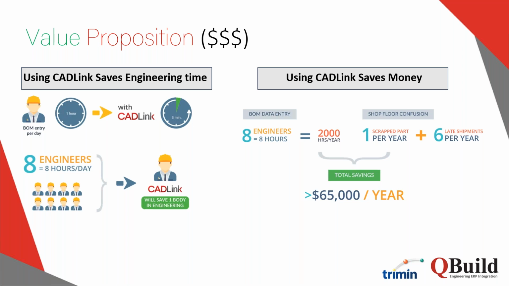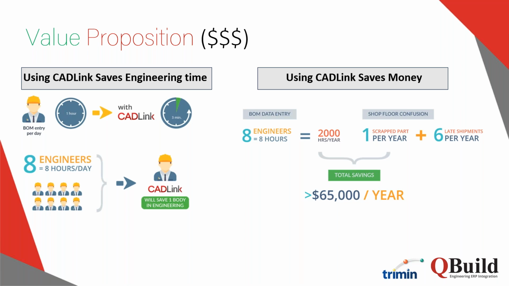But that's all great said and done. What is the actual value proposition of CADLink? So if we were to put a dollar value on it, what would it look like? Let's say, for example, I have an engineer spending 1 hour per day on BOM entry and part creation in XA or item creation.